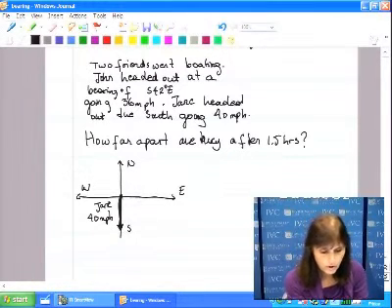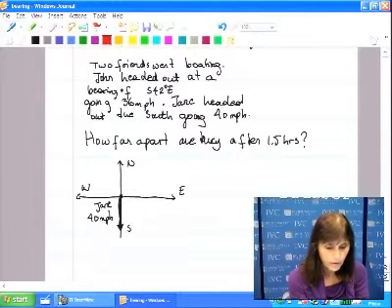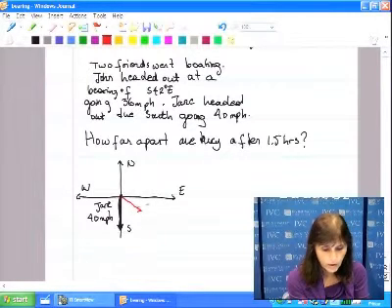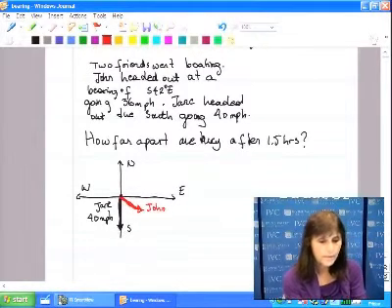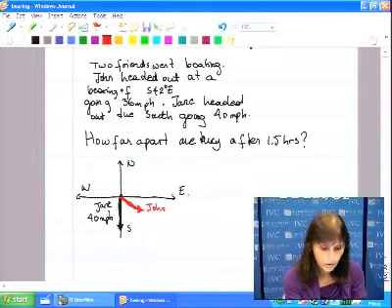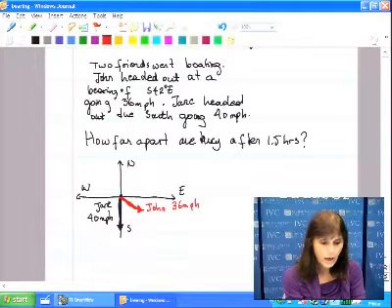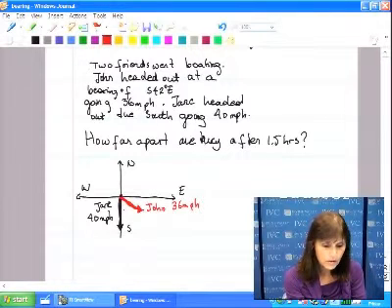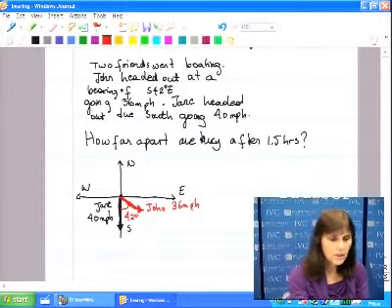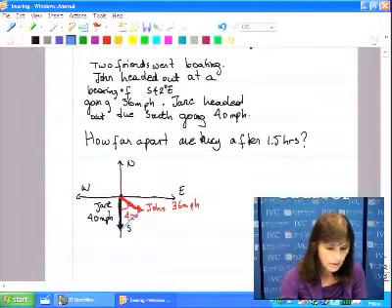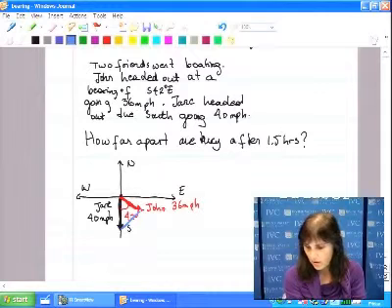And John goes a little slower, he's going 36 miles per hour. And he is going south 42 east. And what are they asking me? They're asking me this distance.